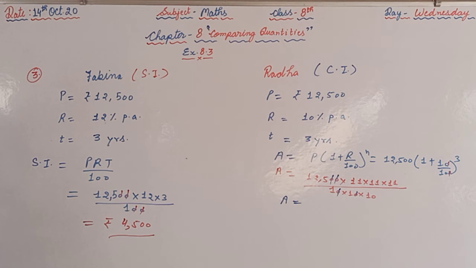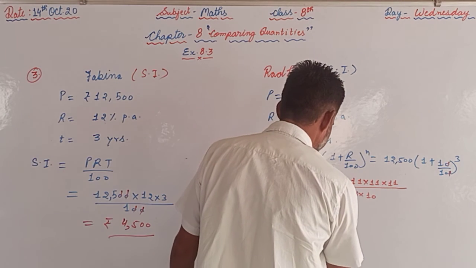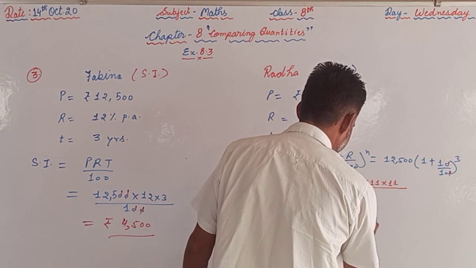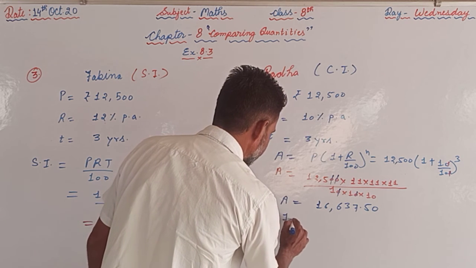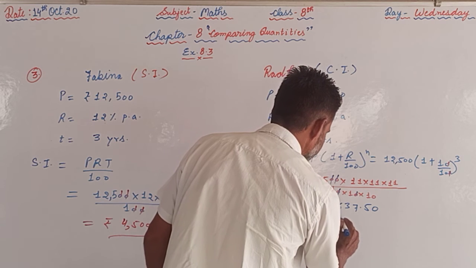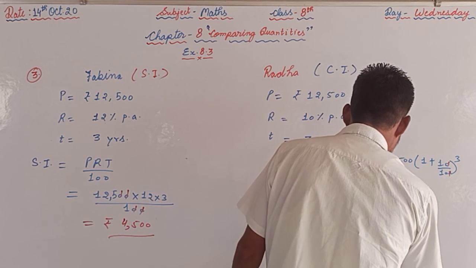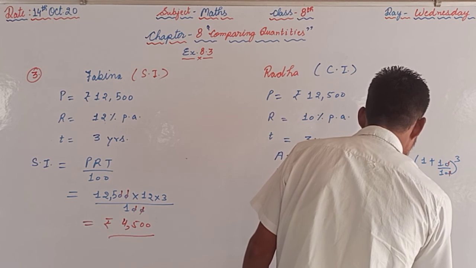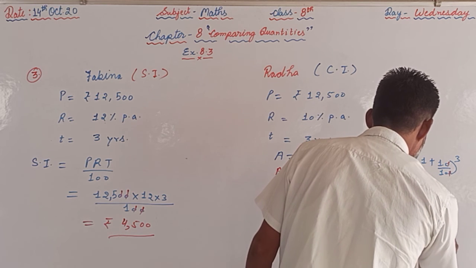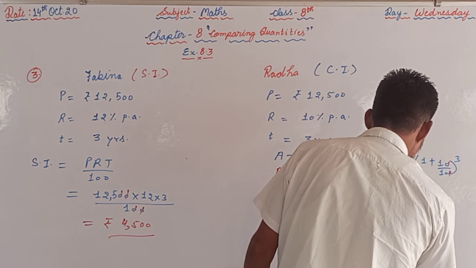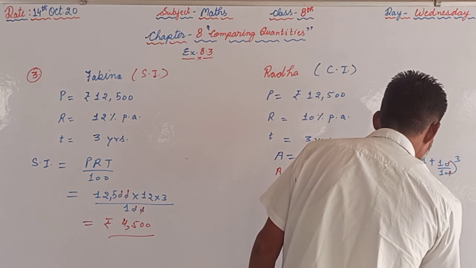Then we are supposed to find the amount. If we calculate that, the amount will be 16,637 rupees 50 paise, and compound interest will be amount minus principal, means the amount is 16,637 rupees 50 paise and the principal was 12,500.